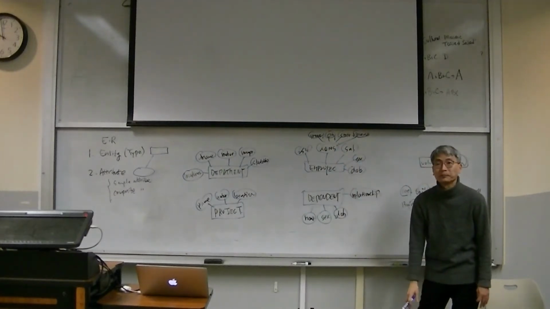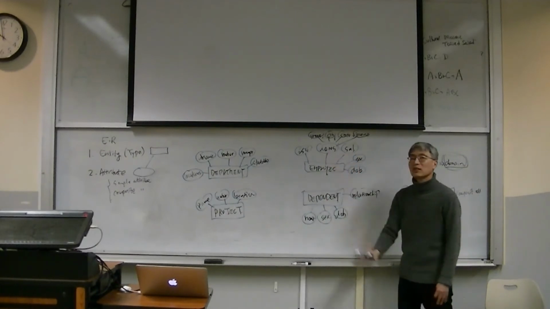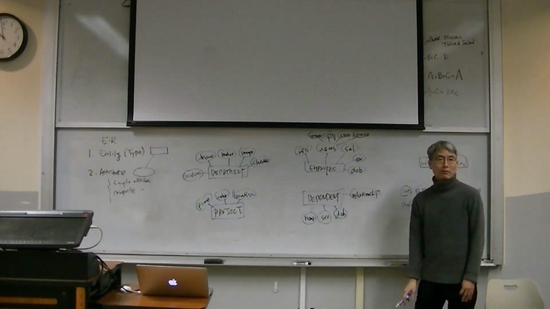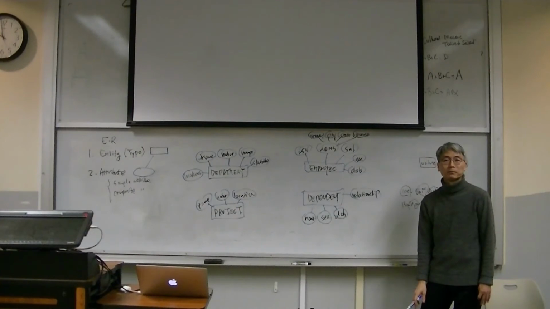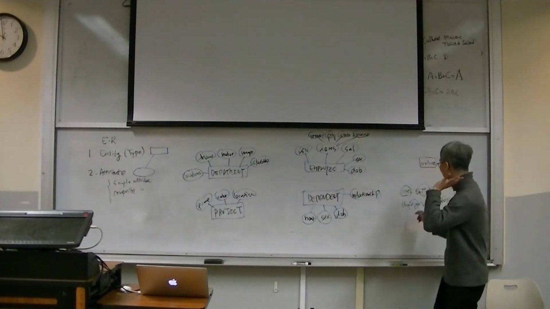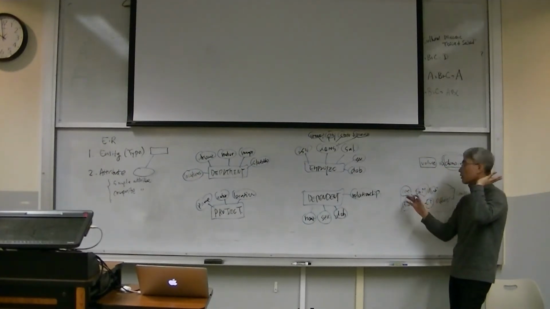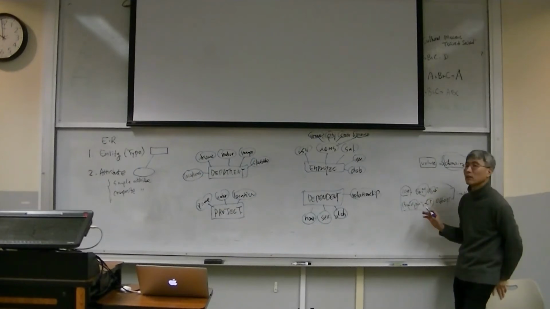Okay? But the question is, how can I decide whether this is simple or composite? First, check the data. If the data can be partitioned and divided into sub-information, you can. Also, you need to check the customer requirement and application.